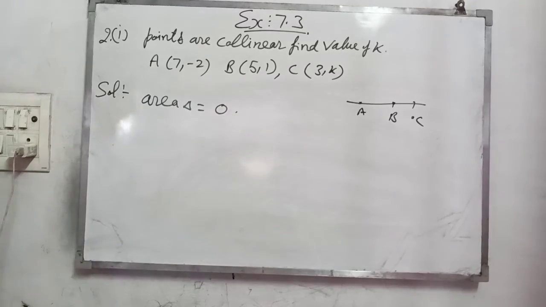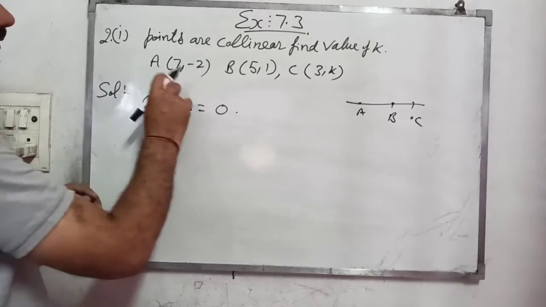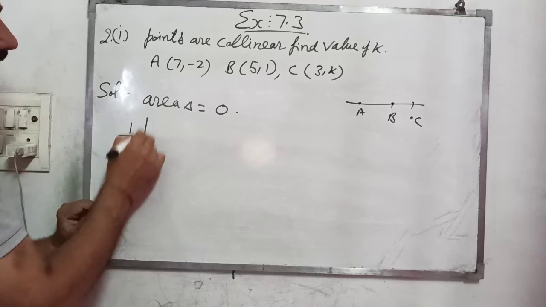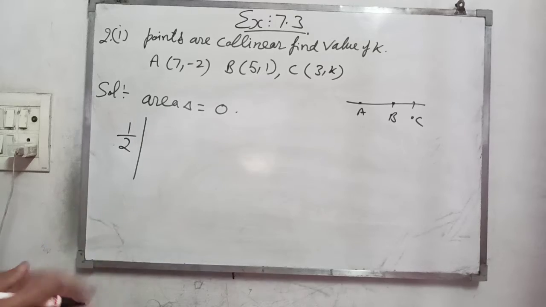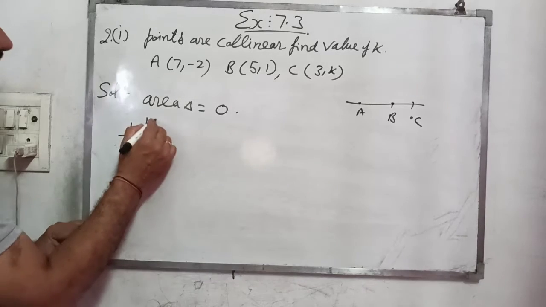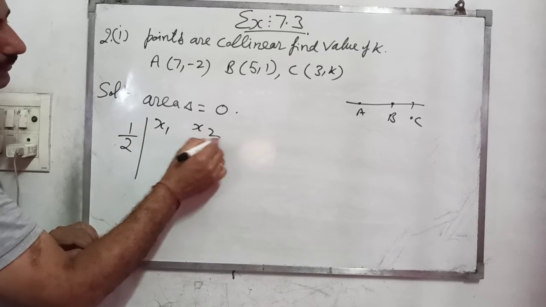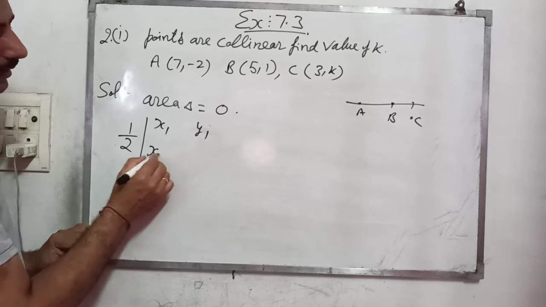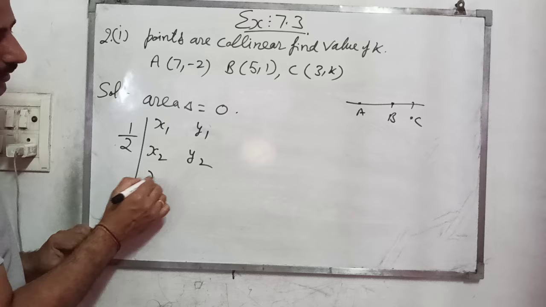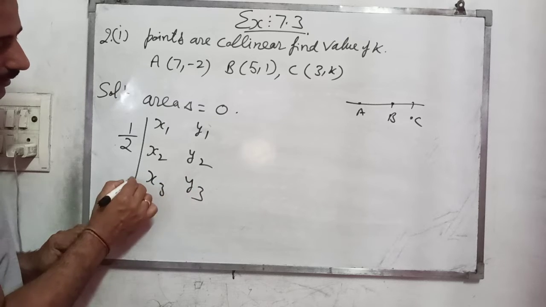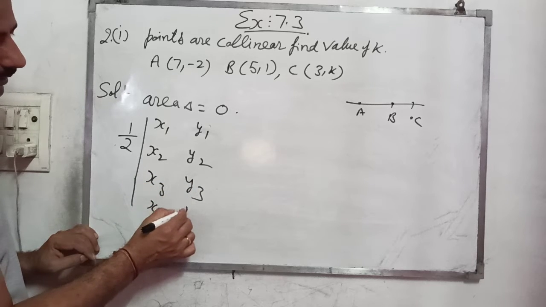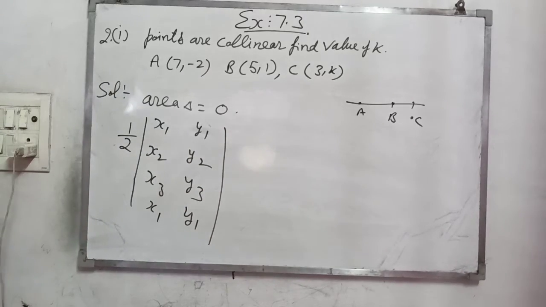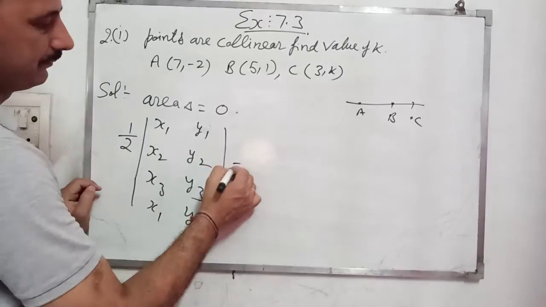So the area of the triangle becomes 0 because these points are collinear. We have another method to find that area: x1, y1, x2, y2, x3, y3 and x1, y1 again, right? So we can use those values.